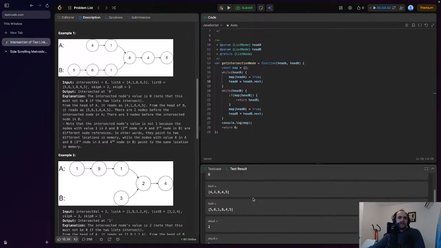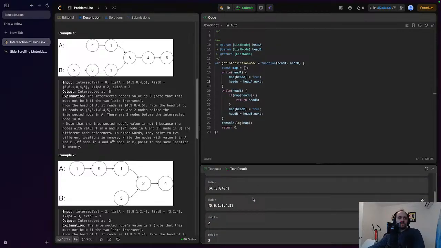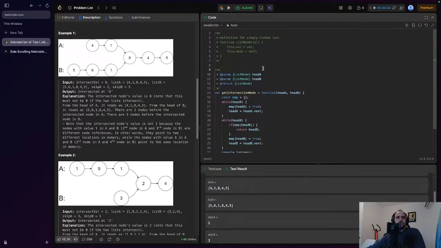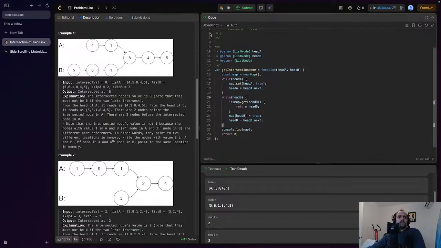Now it thinks we're intersecting at 5. Let's try that.